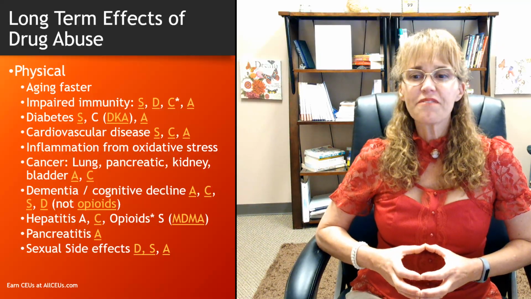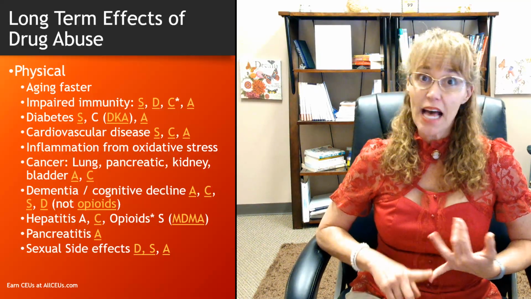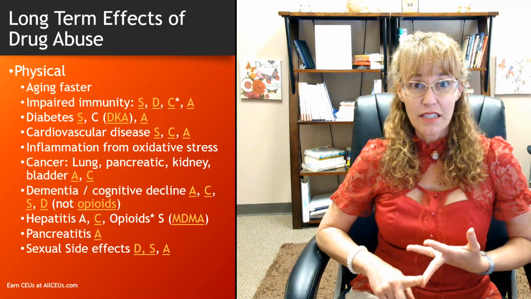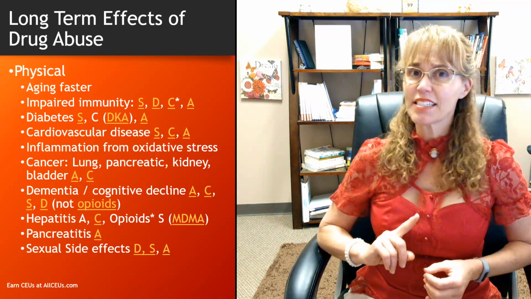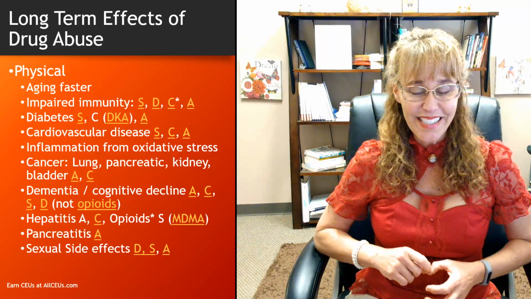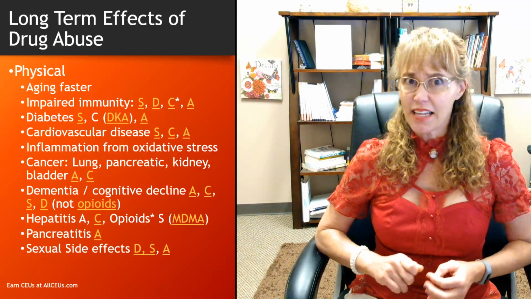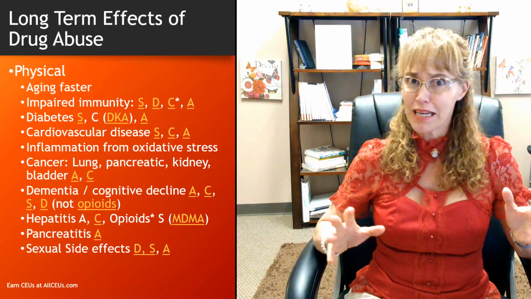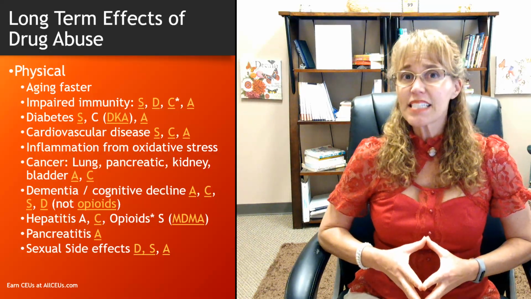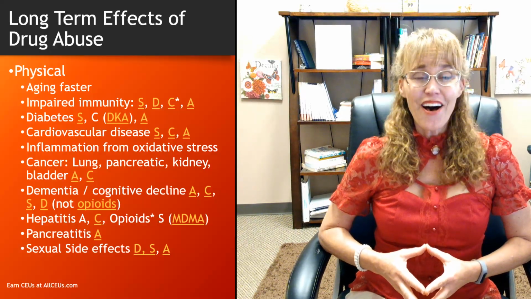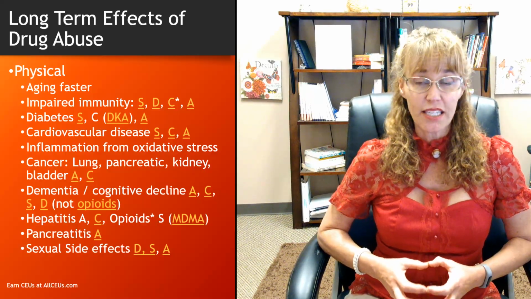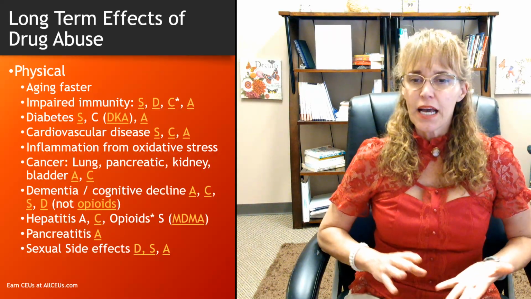Dementia and cognitive decline has been associated with alcohol, cannabis, stimulants, and depressants, but not, interestingly enough, opioids. And I double-checked that on several different studies to make sure that I wasn't just getting a bad study. But opioids actually showed very little risk of causing cognitive decline or dementia as a long-term outcome.